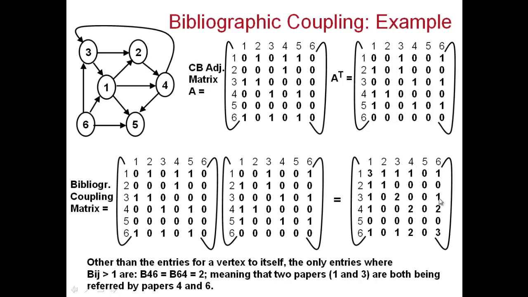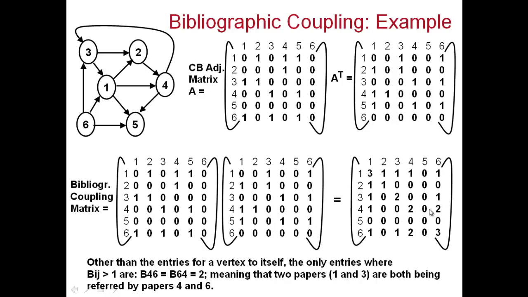To get the entry for cell 4, 6, we have to multiply row 4 with column 6. So row 4 is this, column 6 is this. So 0 times 1 plus 0 times 0 plus 1 times 1 plus 0 times 0 plus 1 times 1 plus 0 times 0. So that's going to be 2.